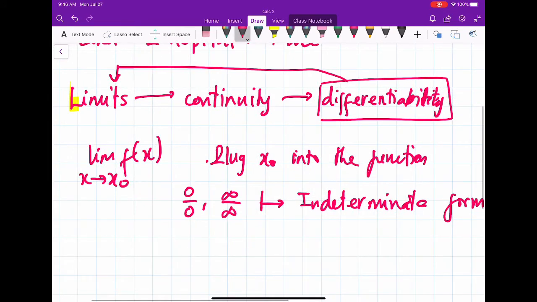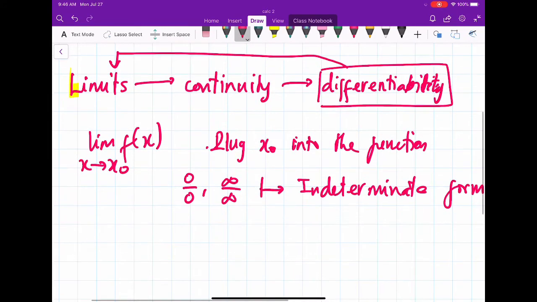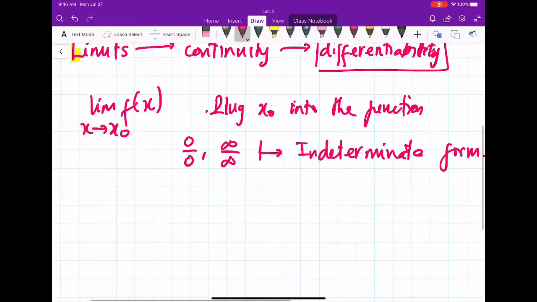Of course, in calculus 1, we already learned some techniques like the dividing technique and the rationalizing technique. Remember that? So let's recall them, like the dividing technique.